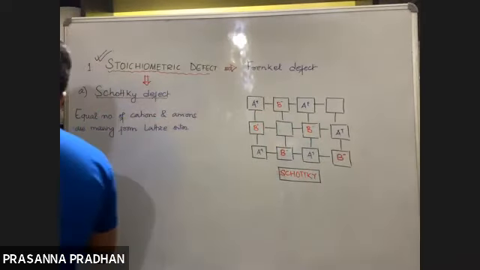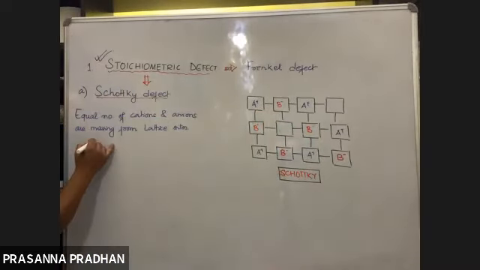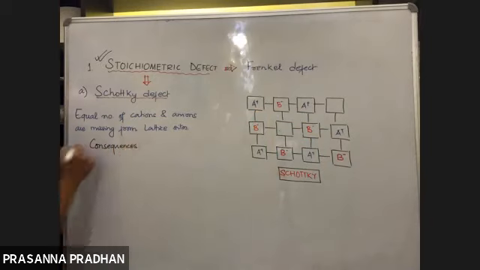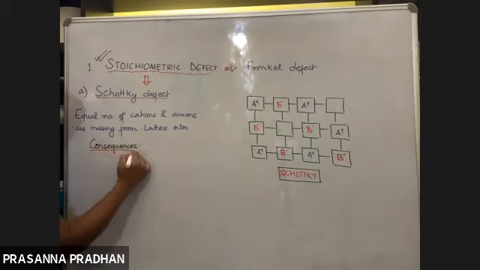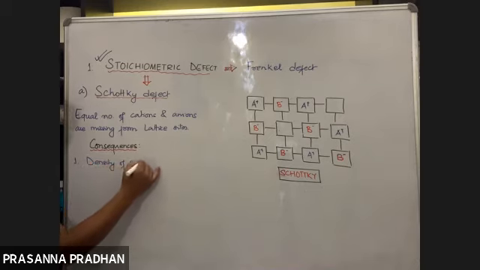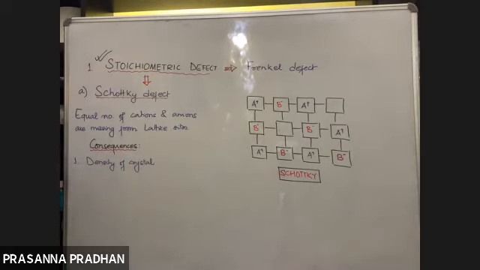Now the important thing here: what are the consequences of the Schottky defect? Number one, as a result of the Schottky defect, tell me, what will happen to the density of the crystal?